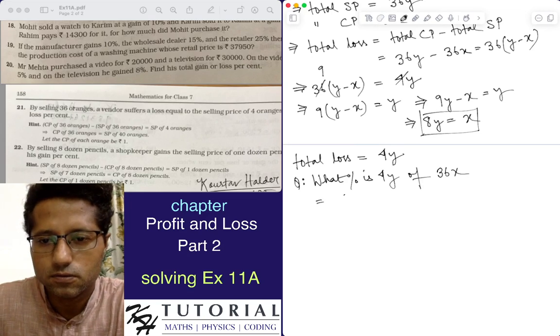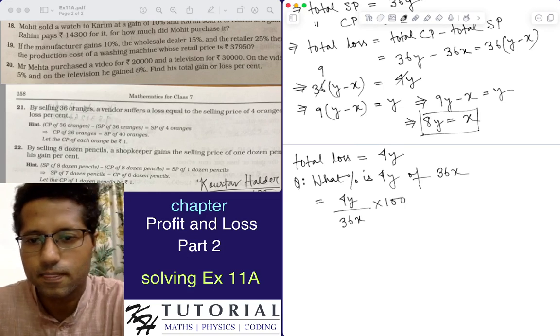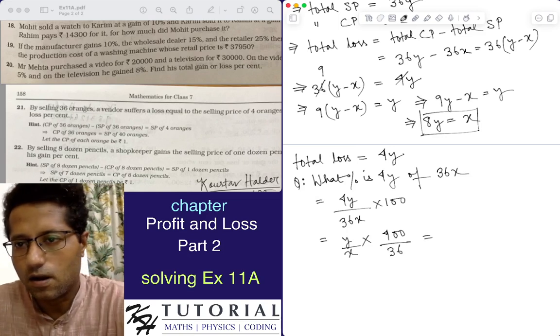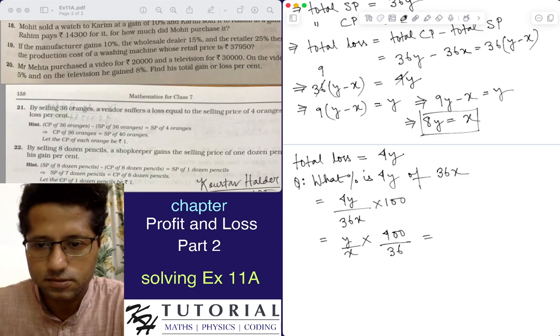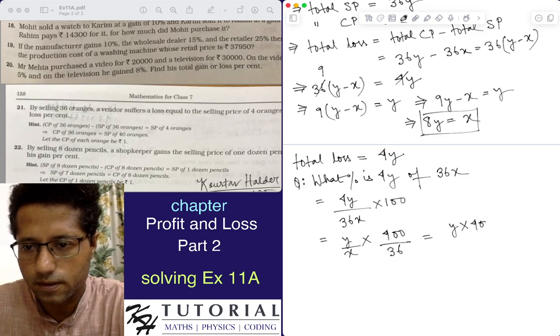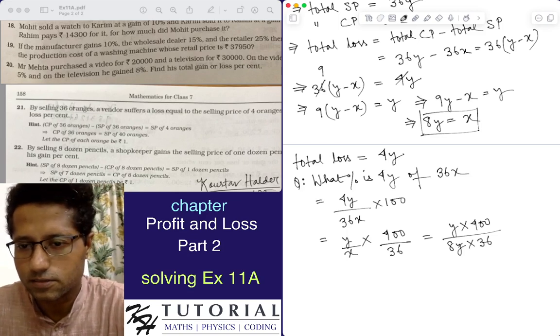This is equal to 4Y divided by 36X multiplied by 100. Now this is equal to Y by X if we separate out, times 400 by 36. Now if we substitute X as 8Y in this expression, we get Y into 400, and 8Y into 36. So Y cancels out.